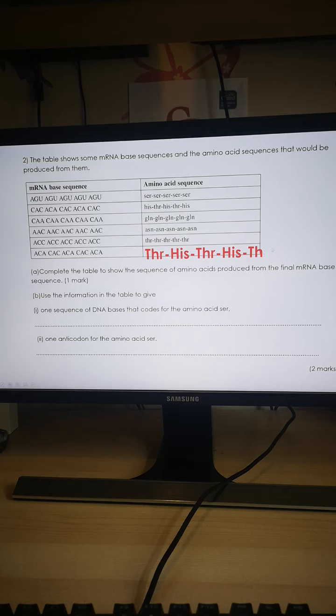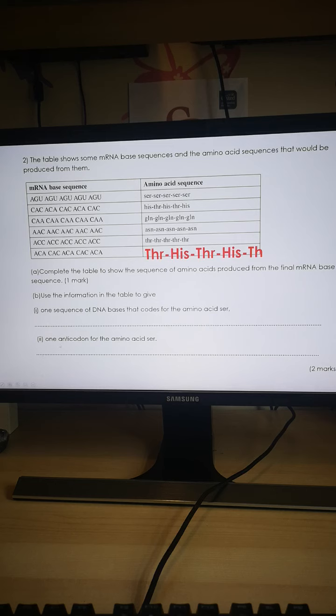Use the information in the table to give one sequence of DNA bases that code for SIR. Now, this is of course the mRNA, so we're looking for the complementary triplet that will be in DNA.